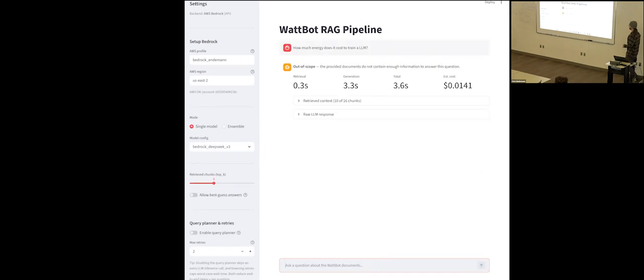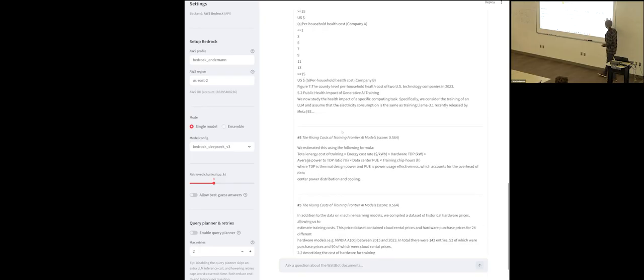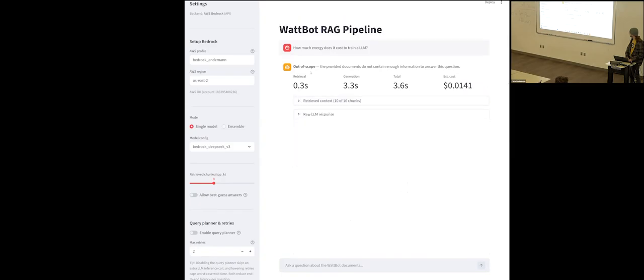It's Bedrock, so it's going to take about 10 seconds. We're reporting the cost here. That cost me a penny and a half. And it's giving me the answer that it's out of scope. That's actually a feature, not a bug. I'm going to add this allow best guess toggle and ask the same question, so that even if the system says it doesn't want to respond, we can force a response.